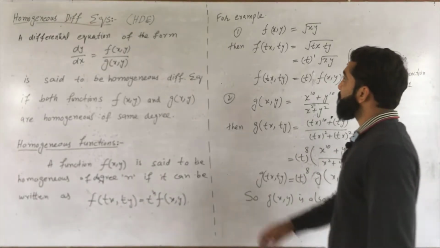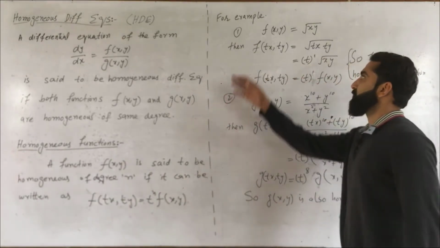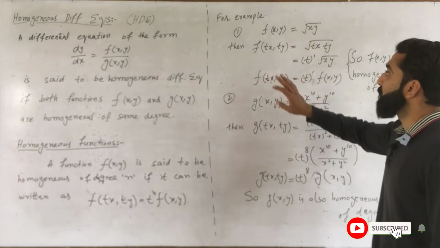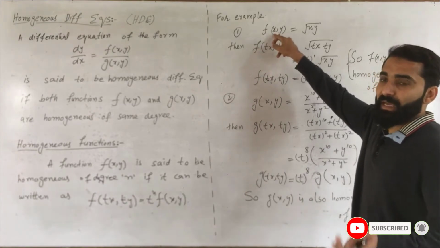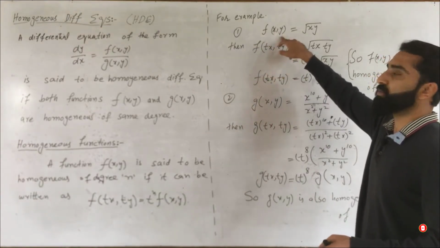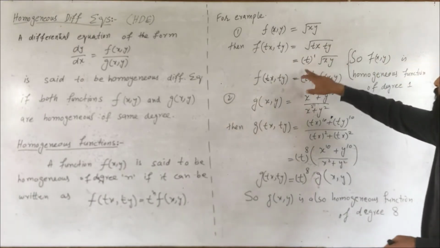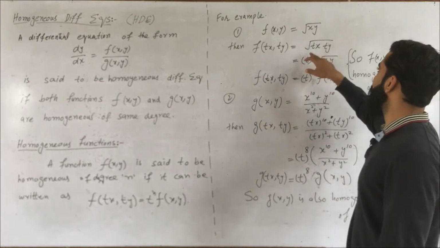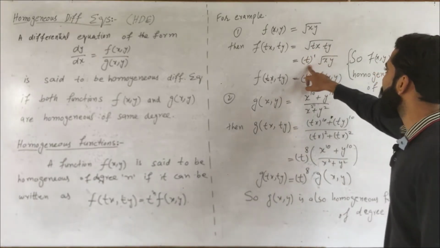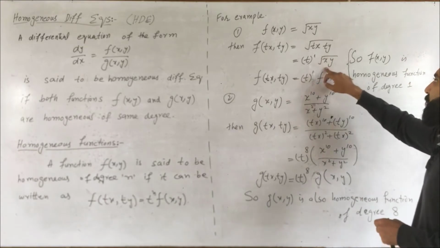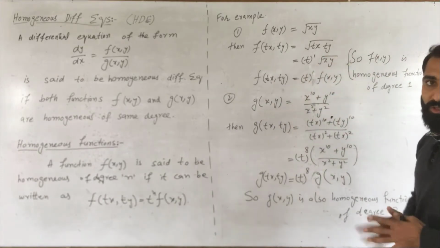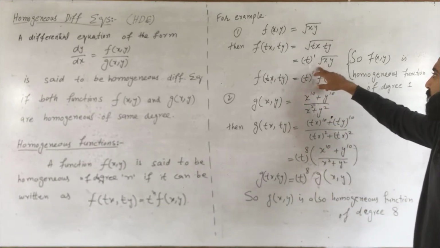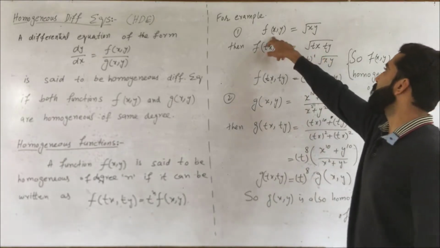Now come towards the example of a homogeneous function. For example, f of x y is equal to the square root of x multiplied by y. If we put t x in the place of x and t y in the place of y in this function, we will obtain the square root of t x t y, and after taking t common, it converts to t raised to power 1, and the function remains as it is, x y raised to power 1 over 2, which is equal to t raised to power 1 into f of x y.